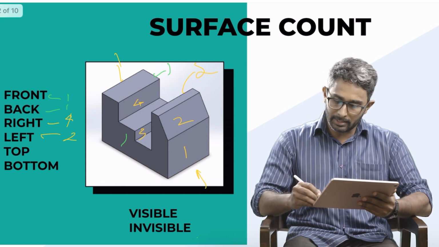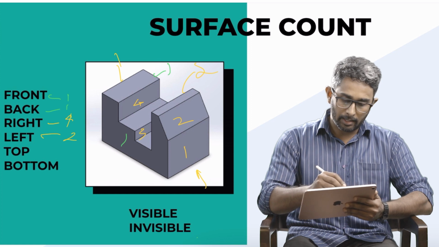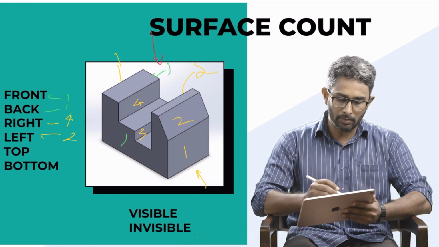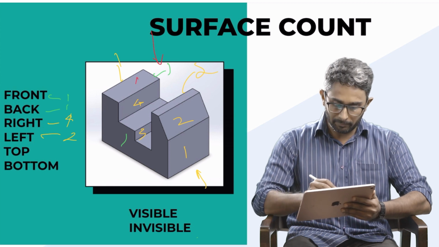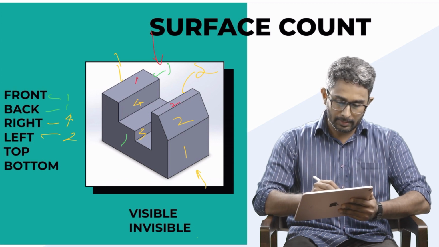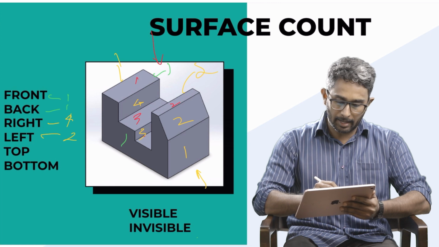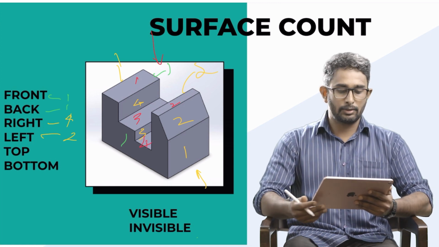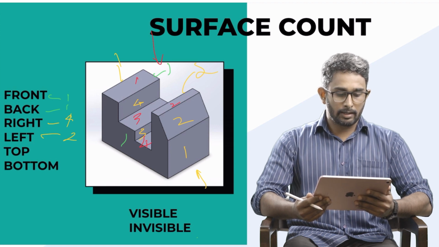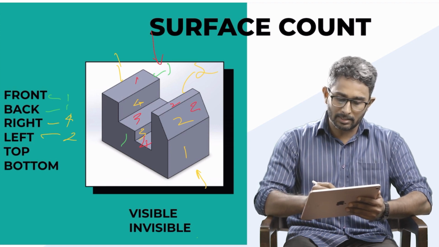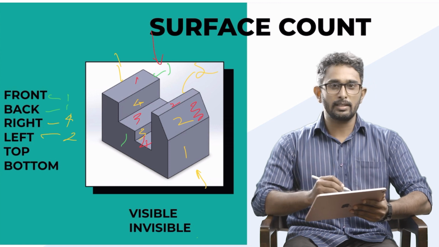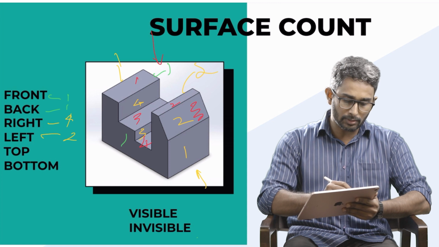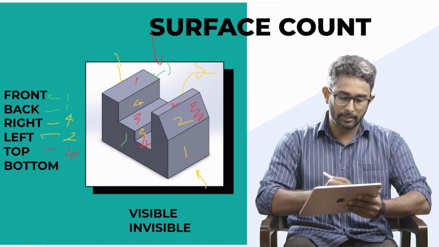If you move on to the next view, the top view: observing this figure from the top, you can see 1, 2, 3 and 4. I can see 4 surfaces from the top side. You can also see this slanted surface, but we have already counted that slanted surface in the right side view. So 1, 2, 3, 4 surfaces on the top side.